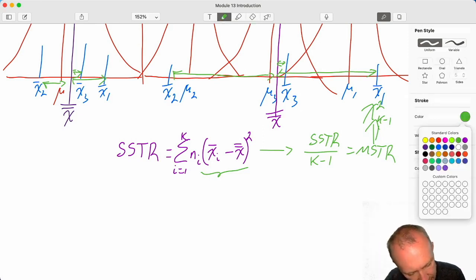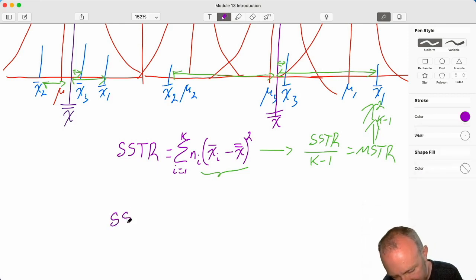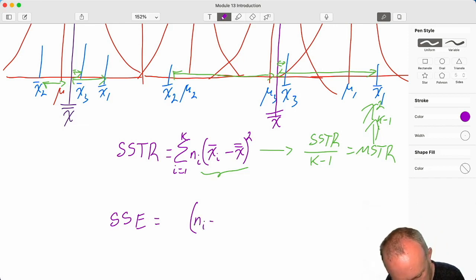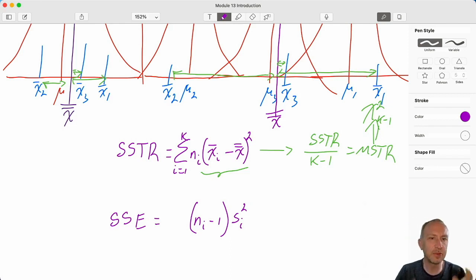SSE. SSE is sum of squares due to error. And SSE is a relatively straightforward calculation. It's based on sample sizes, and it's based on individual sample variance, Si.